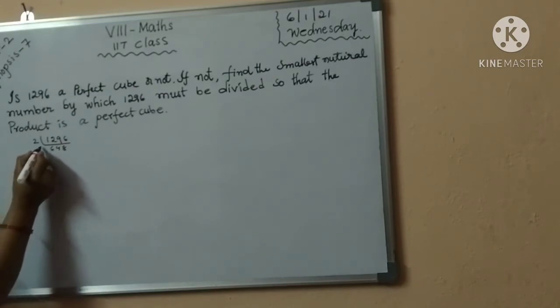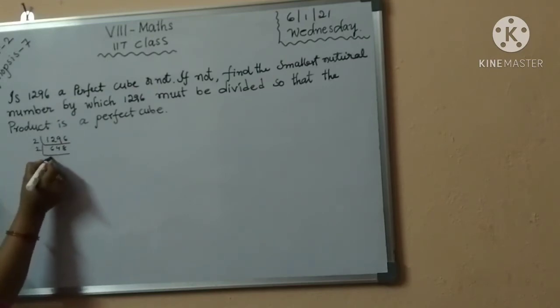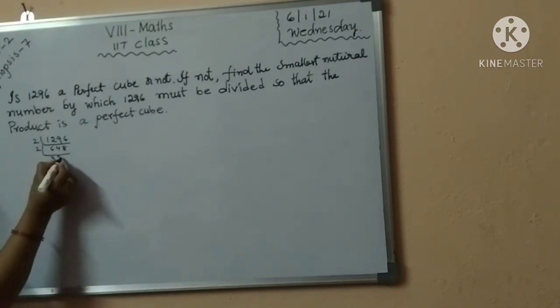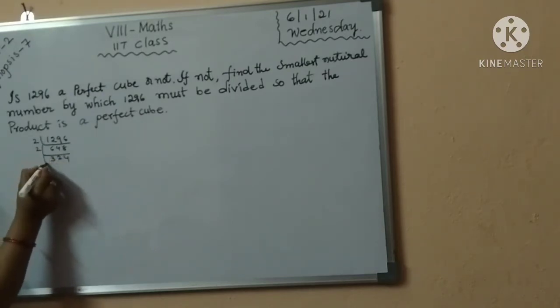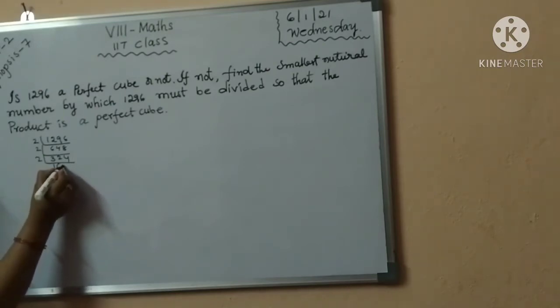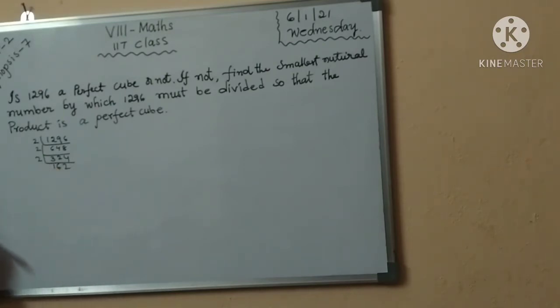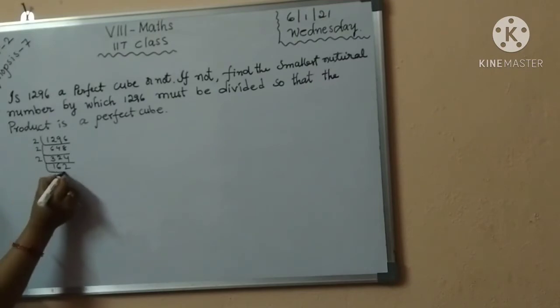Next, again the 2 table. 3 2s are 6, 2 2s are 4, 4 2s are 8. Again, 2 1s are 2, 6 2s are 12, 2 2s are 4. Again, 8 2s are 16.